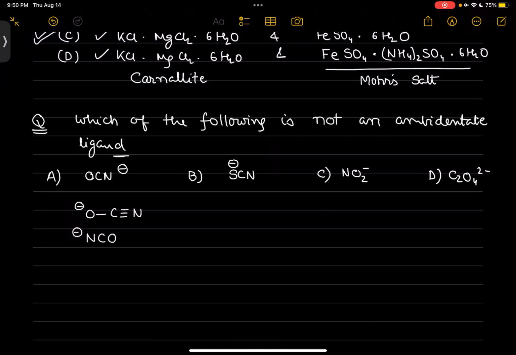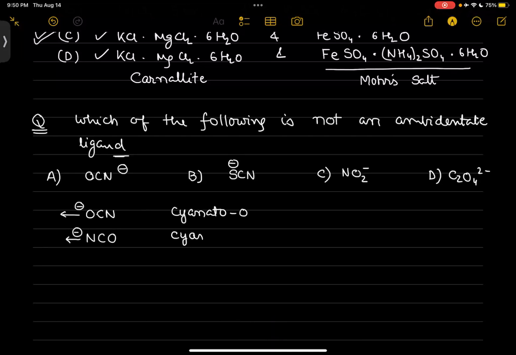CN was cyanide, right? CN was cyanido, and this is cyanato. The top one is cyanato-O, because this O is being shown exclusively. If N is written first, it means cyanato-N, the N is the donor atom.